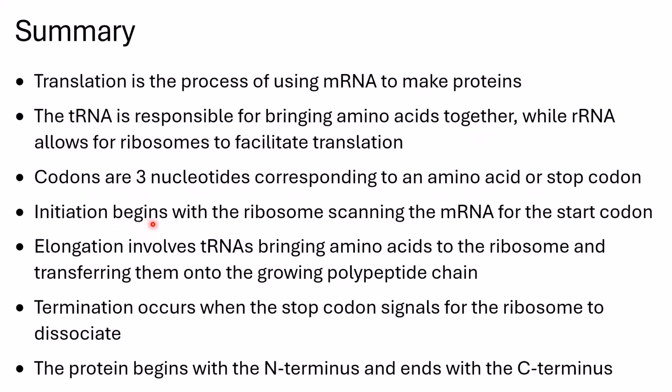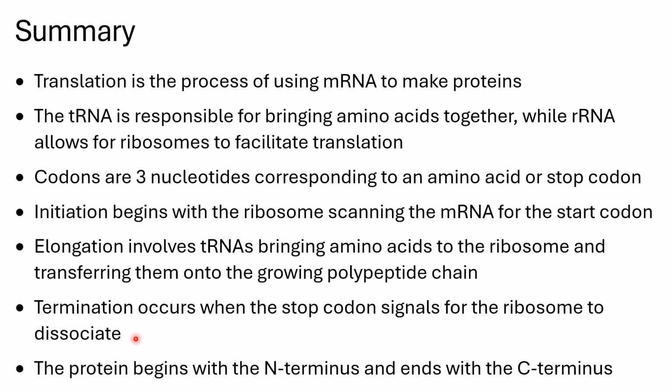Initiation of translation begins with the ribosome scanning the mRNA for the start codon. During elongation, the tRNAs bring the amino acids to the ribosome and transfer the amino acids onto the growing polypeptide chain. Termination occurs when the stop codon signals for the ribosome to dissociate, which releases the polypeptide.